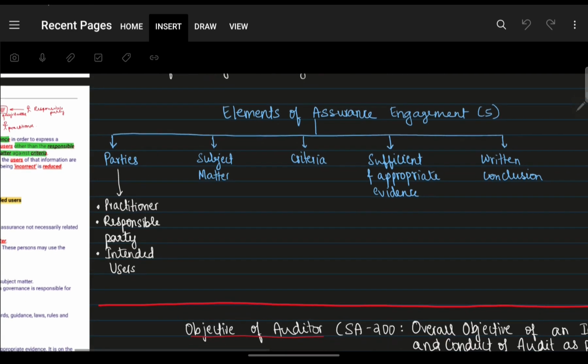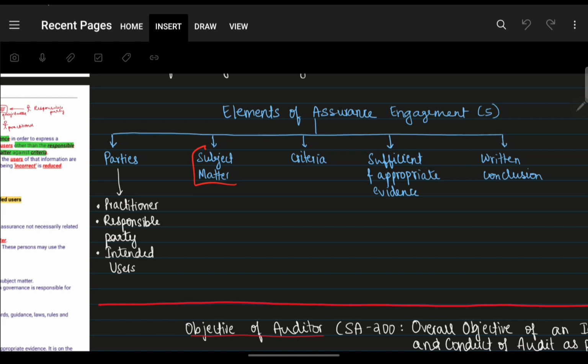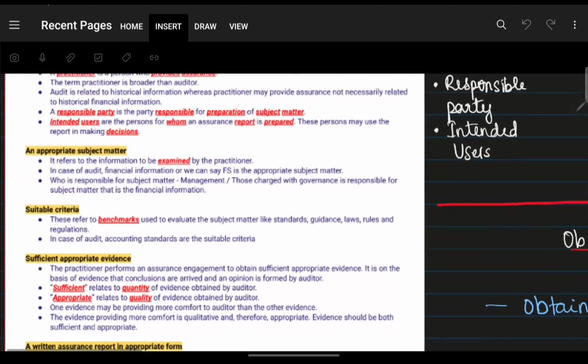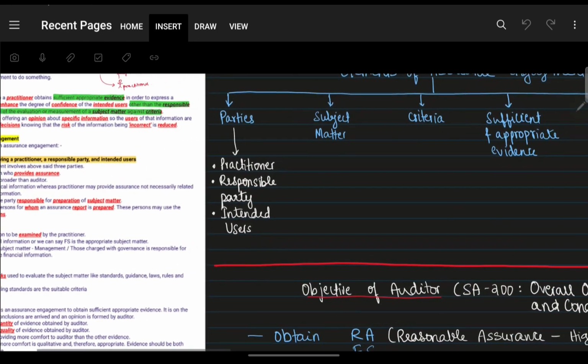Here the subject matter can be anything. It can be the financial statements, or it can be any other financial information relating to a particular entity, right?